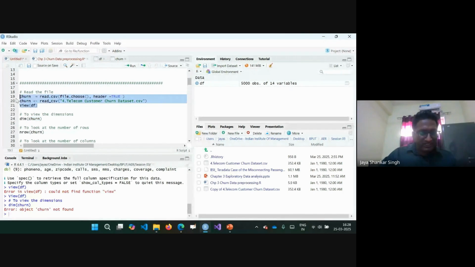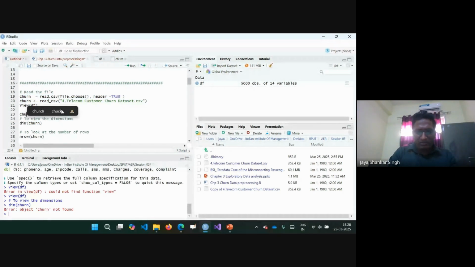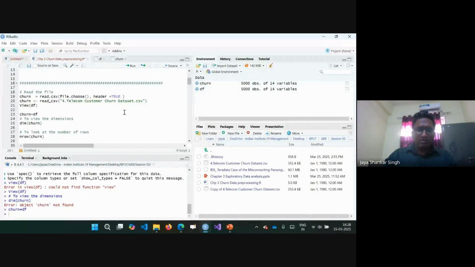Because I have not run these commands to read the file again, what I can do is write churn equal to df, and I can simply assign the same data, put it into churn. What is happening? All the data was read into df. With this simple command, I put the complete data from df into churn. Clear?